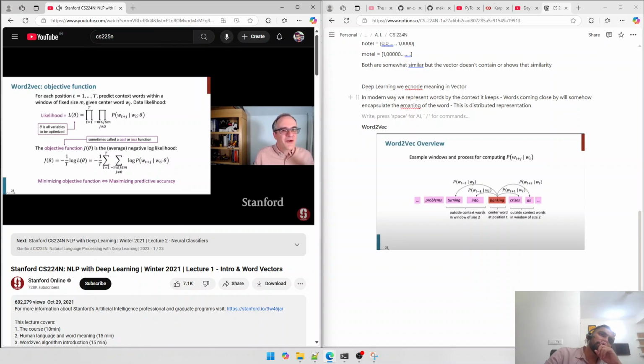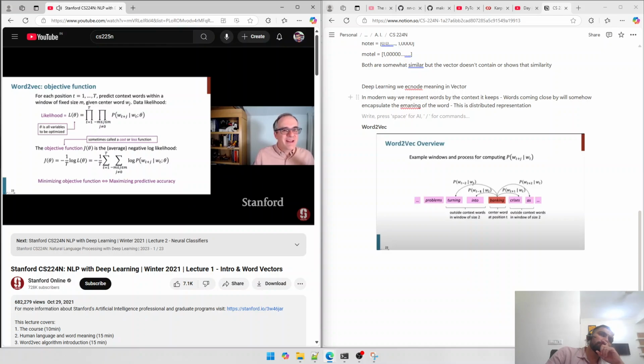And so to learn this model, we're going to have an objective function, sometimes also called a cost or a loss, that we want to optimize. And essentially what we want to do is maximize the likelihood of the context we see around center words. But following standard practice, we slightly fiddle that.